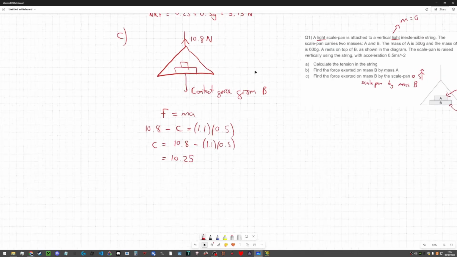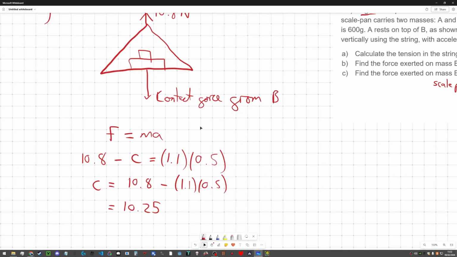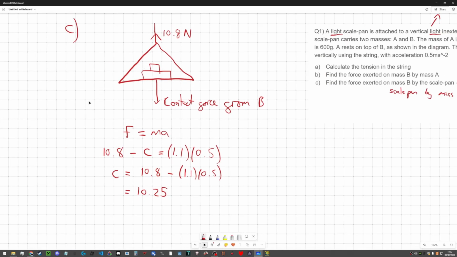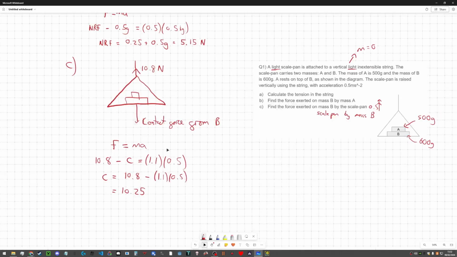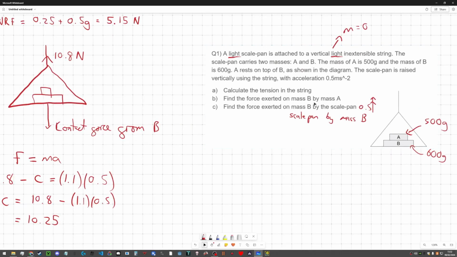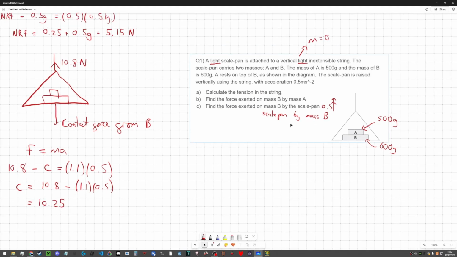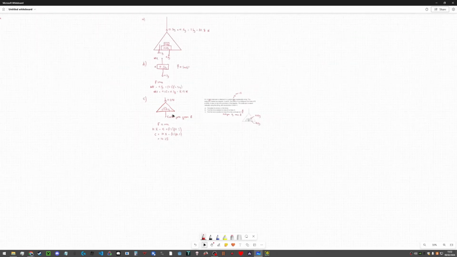So our contact force of B onto our scale pan is 10.25 newtons, which means that the force on B by the scale pan is also 10.25 newtons. So we've answered the question.